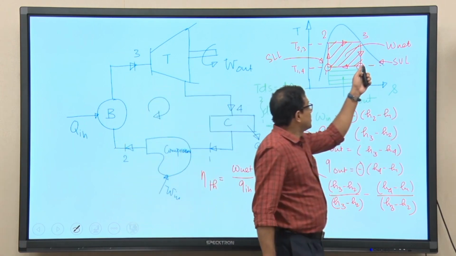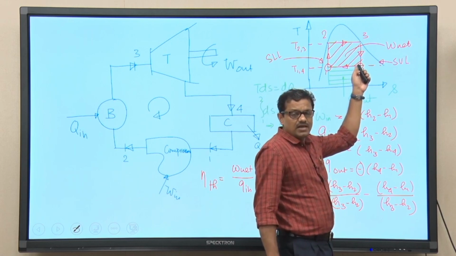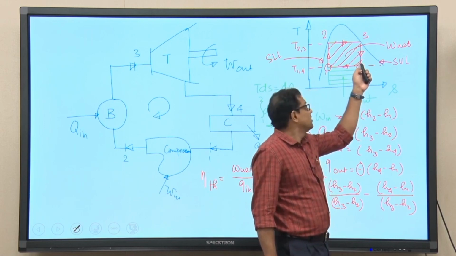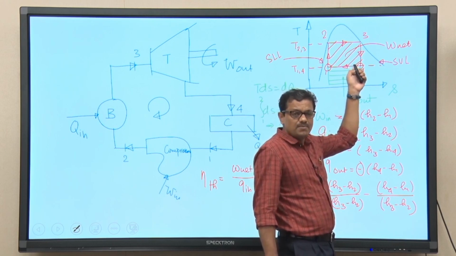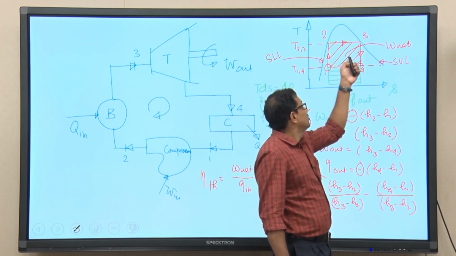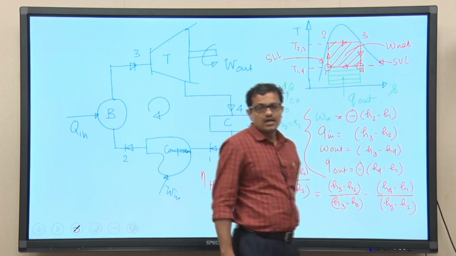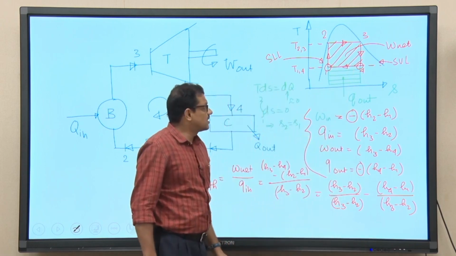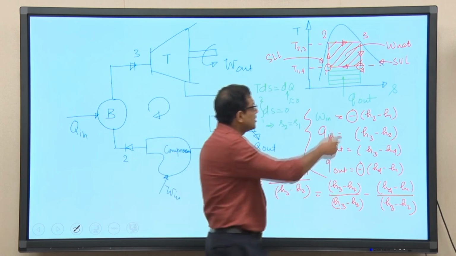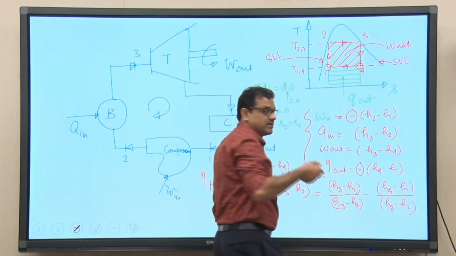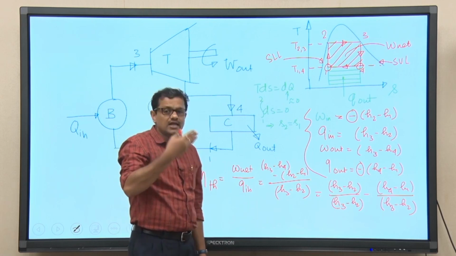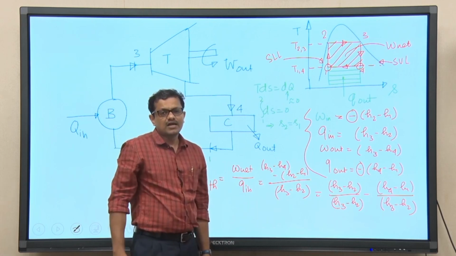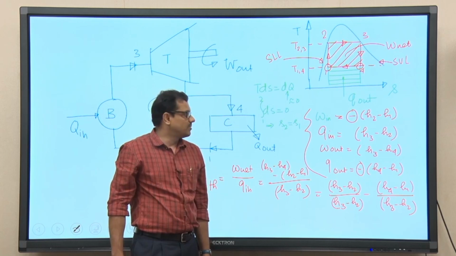So if we allow the steam power plant to run using this Carnot vapor cycle, the quality of the steam at the turbine exit is very poor and it will lead to the turbine blade pitting problem.